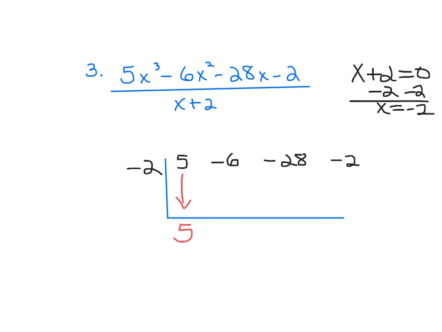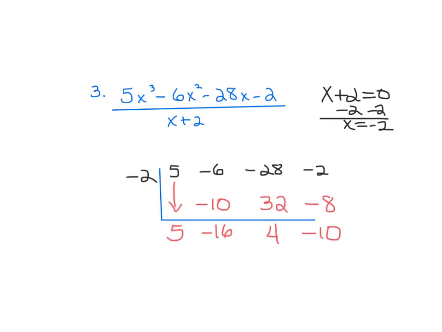I'm now going to multiply -2 times 5, and I get -10. I add that column, and I get -16. I go back, I multiply, and get 32. I add and get 4. I multiply, and then I add.